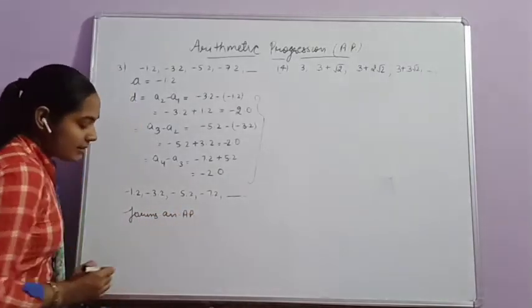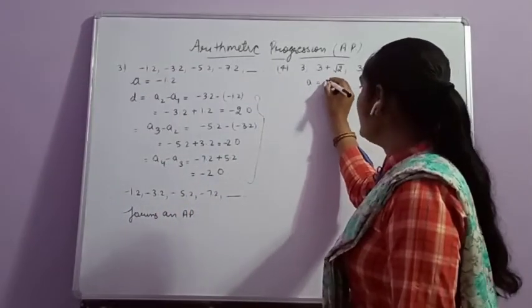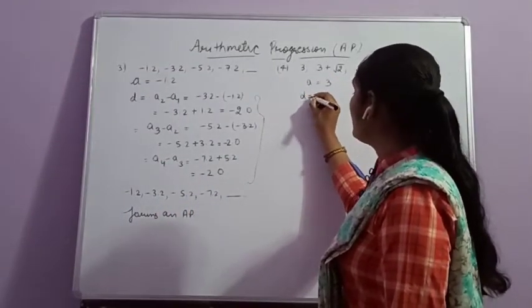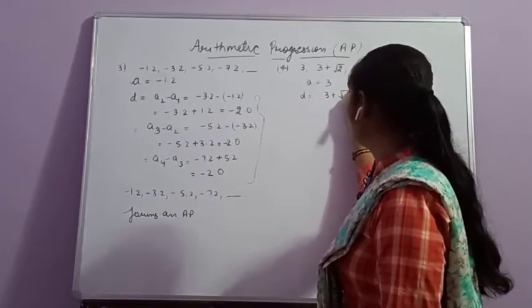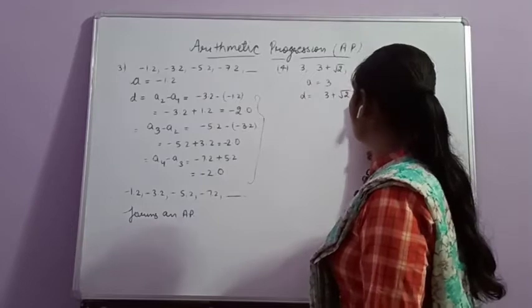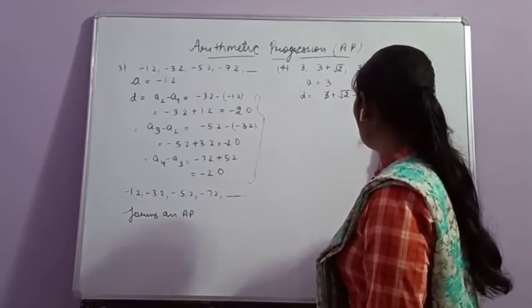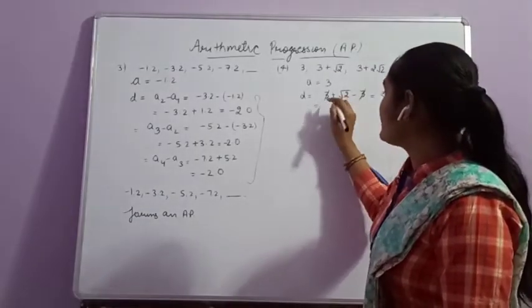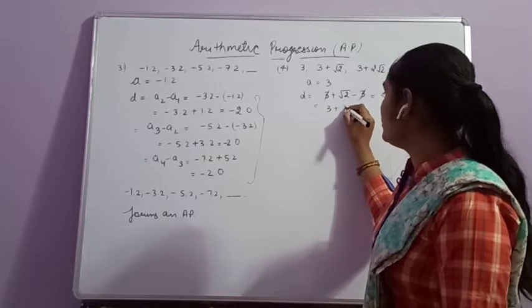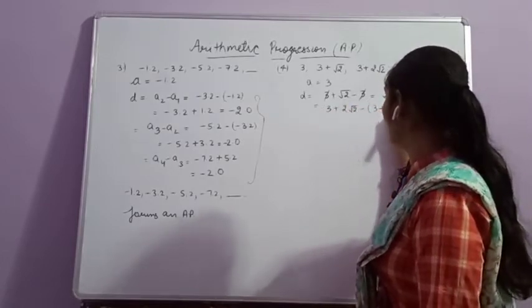Clear? Similarly, we can check it. Here A is equal to 3 and D will be equal to A2 minus A1, that is 3 plus root 2 minus A1, which is 3. 3 minus 3 cancel out, that is equal to root 2. Similarly, A3 minus A2, that is equal to 3 plus 2 root 2 minus of 3 plus root 2.